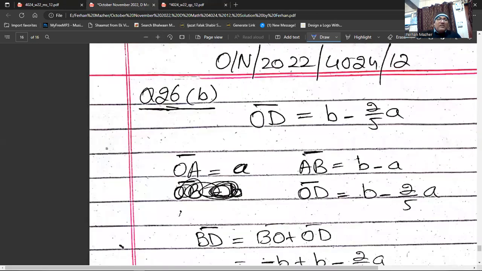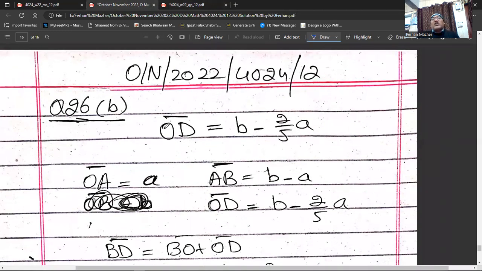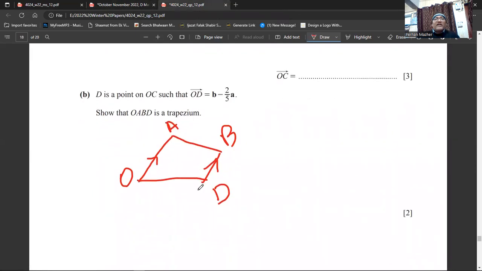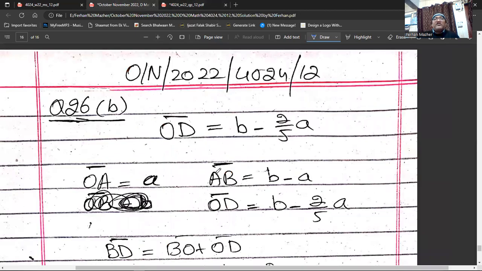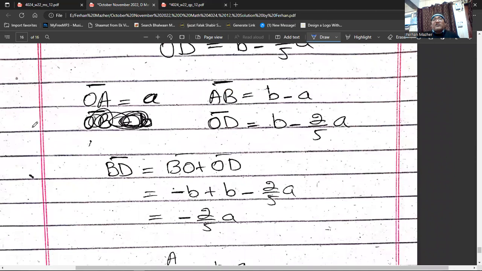So now, question number 26. First of all, I will find out the OD. OD is given. OD is B minus 2 by 5 of A. That is given in the statement. OA is small a, AB is B minus A, OD is already given. Okay. So I need to find out, there are 4 sides of that.